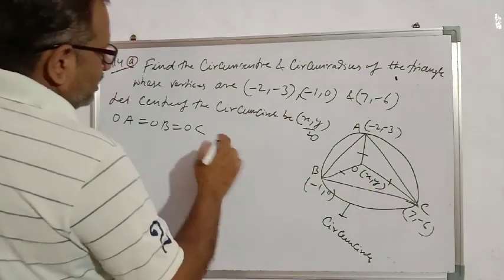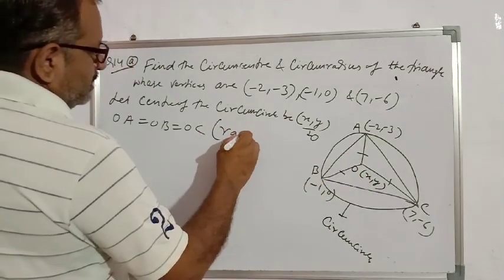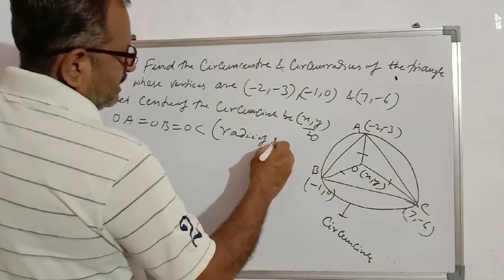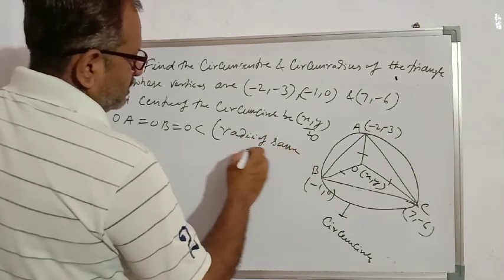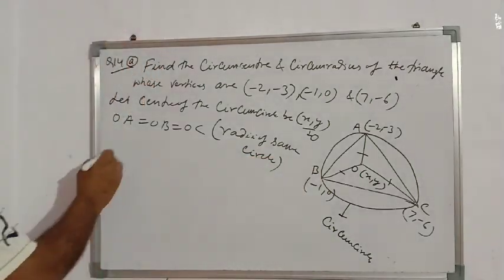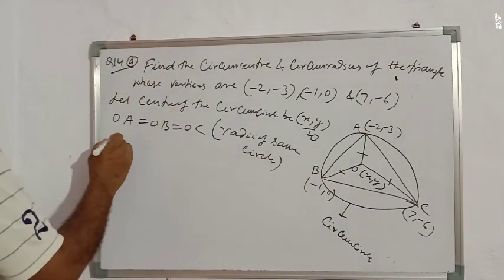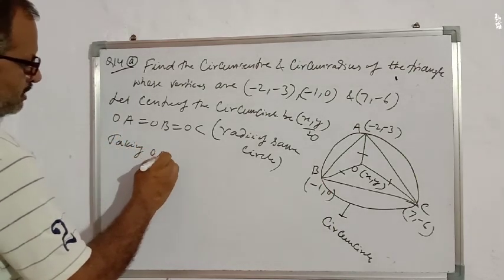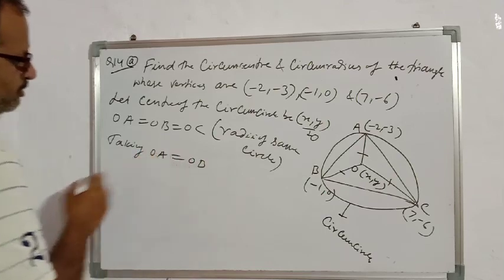OA, OB, OC are equal, radii of the same circle. Now we will take OA is equal to OB. So taking OA is equal to OB.